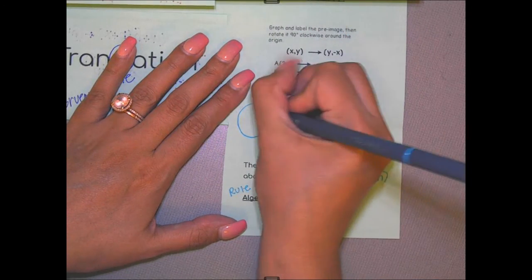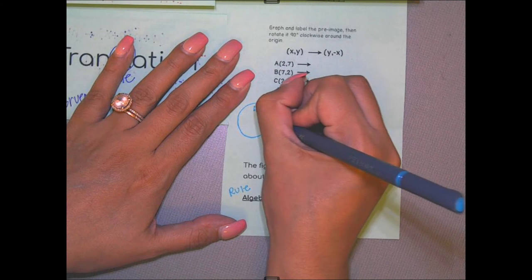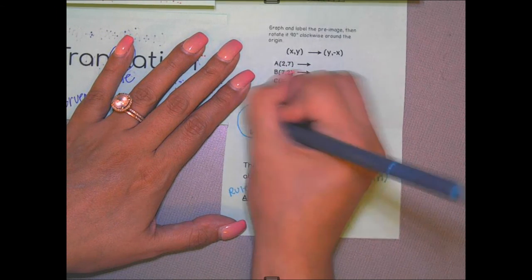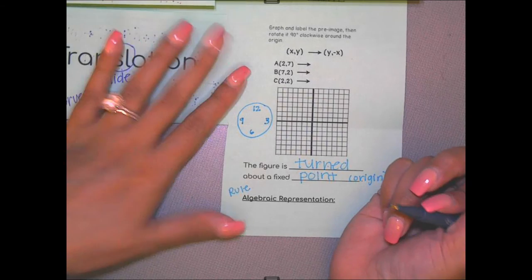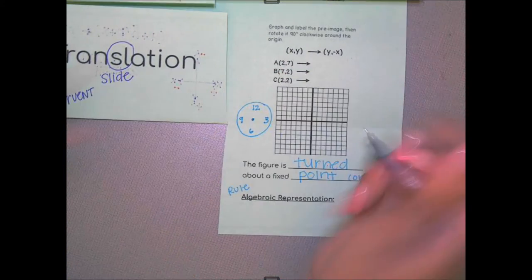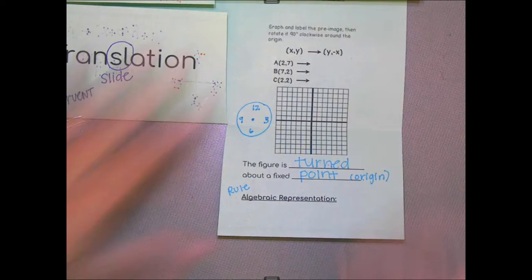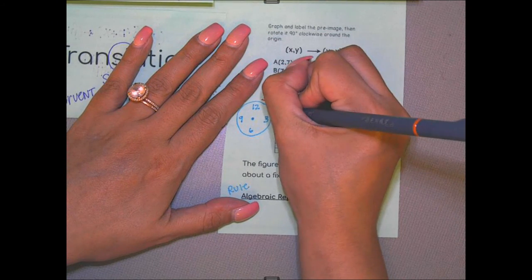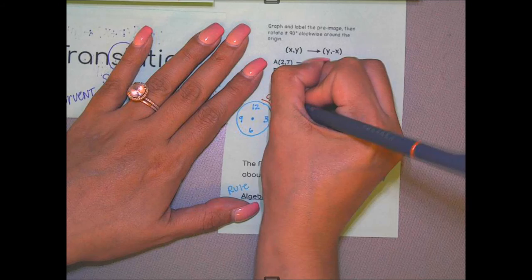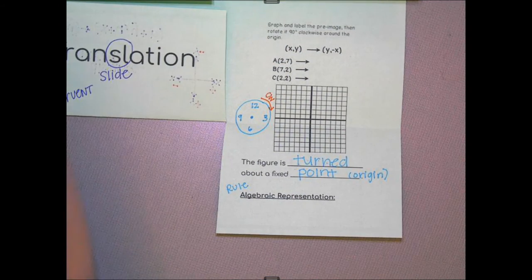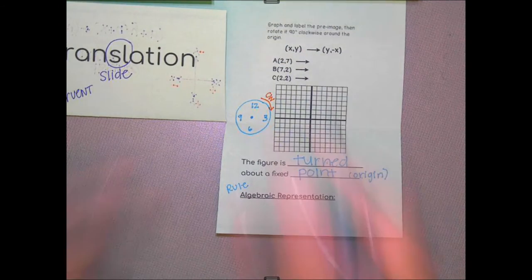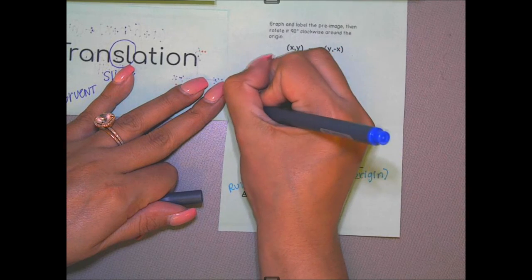And I know that 12 is at the top, 3, 6, 9. So if I go clockwise, that means I'm going in the direction that the hands move on the clock. And if I go counterclockwise, then I'm going backwards.